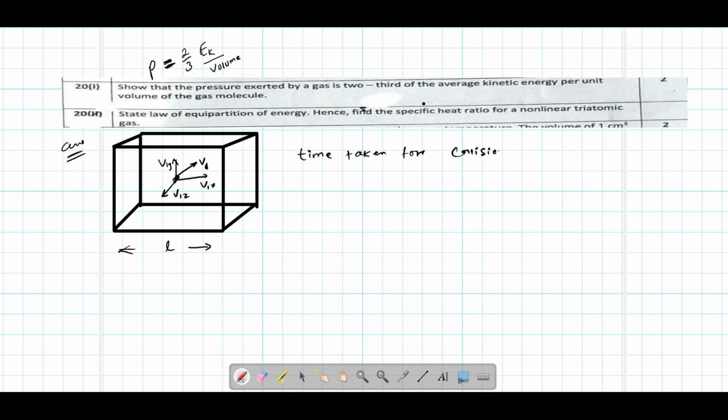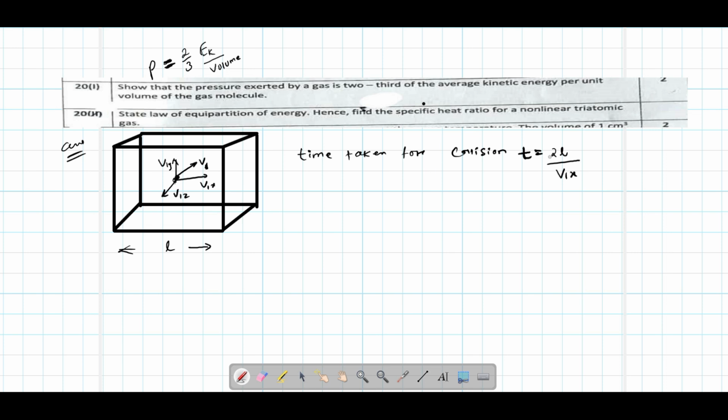T equals 2L divided by V1x, that is the time taken. This is L, this is L. T equals 2L by V1x.